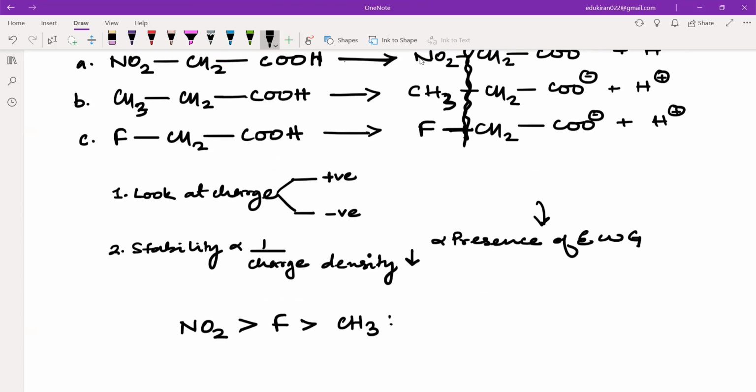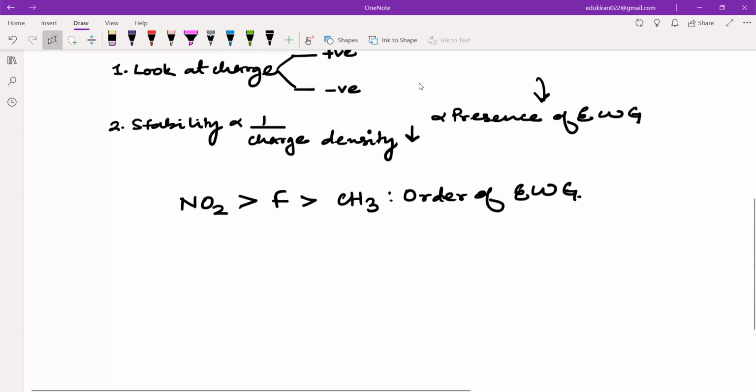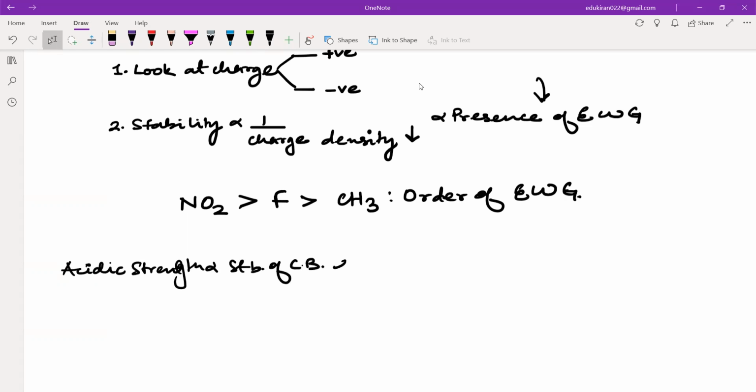So this is the order of electron withdrawing groups, and we have seen that acidic strength is directly proportional to the stability of conjugate base, which is inversely proportional to the charge density, and this is proportional to the electron withdrawing group.